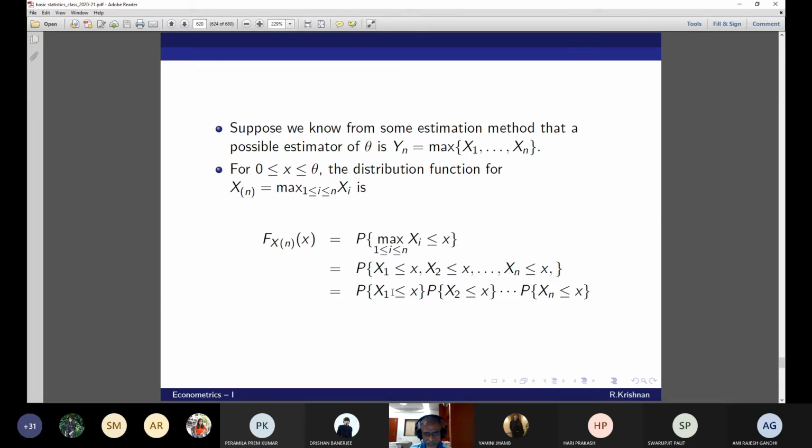So this will be the distribution function for Yn, or Xn. This is Xn. Sir, you have taken the probability of max X_i less than or equal to x, and we know that max is Xn because we have taken the order statistics, right?